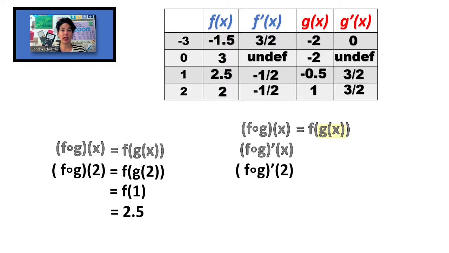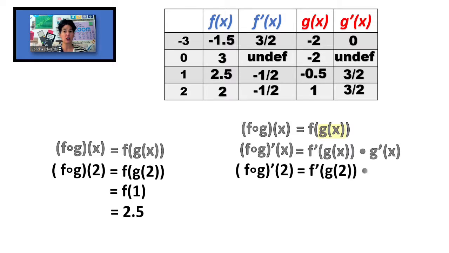All right, so if we have f of an input function, the derivative is f prime of the input function, chain on, times the derivative of the input function. So f prime of ugly times the derivative of ugly. Okay, so f prime of g of x times g prime of x.